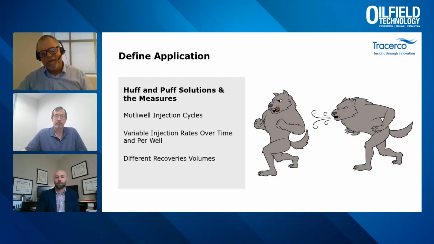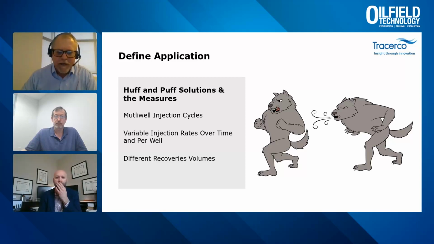I know this is a little bit of a comical slide, guys, very unserious. However, this is what we're talking about doing. We're talking about using our energy and different methodologies to inject into a well, make some changes, and produce back from a series of different wells.